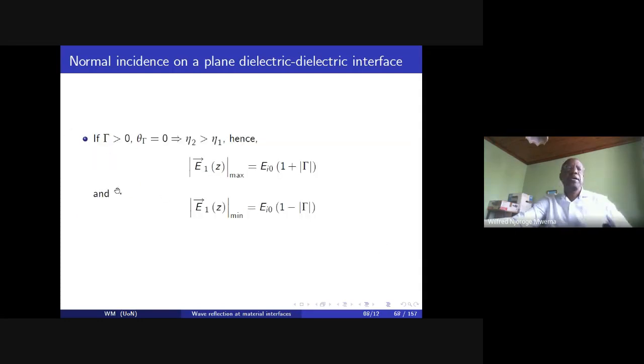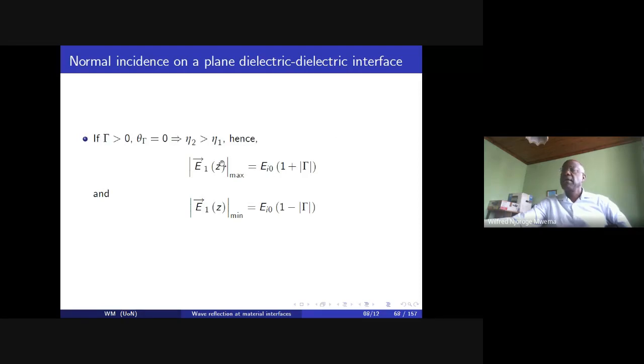Now, suppose we have that the reflection coefficient is greater than 0. Then it means that the angle of the reflection coefficient is equal to 0, and therefore it means that eta2 is greater than eta1. In the expression for gamma, we saw that it was eta2 minus eta1 over eta2 plus eta1. And therefore, eta2 must be greater than eta1 for it to be positive, as we are assuming here.